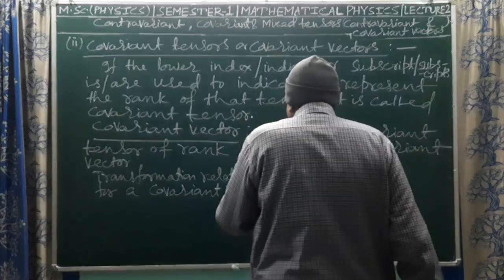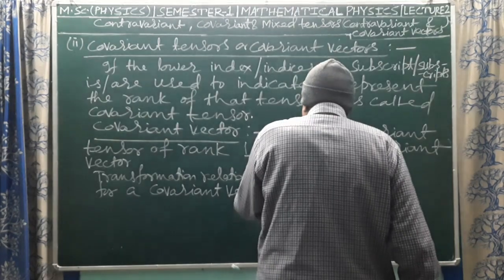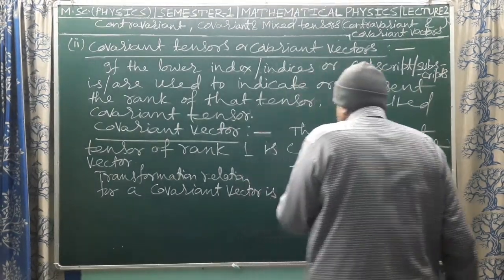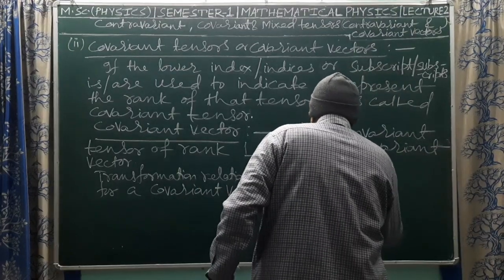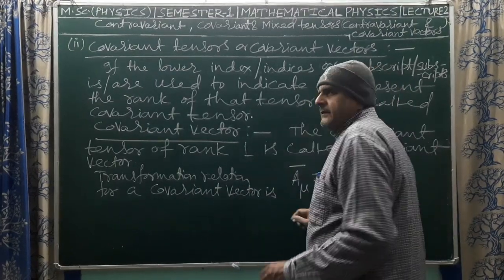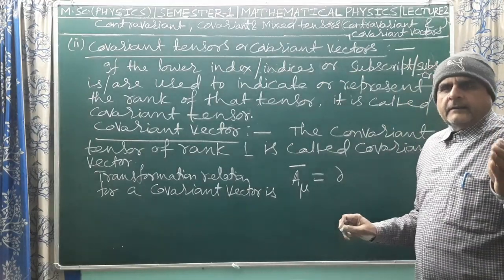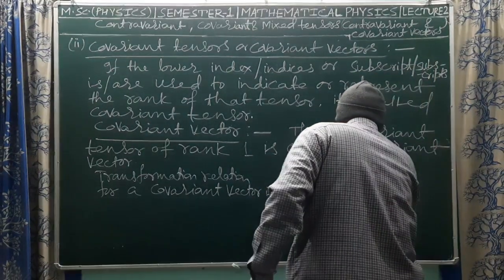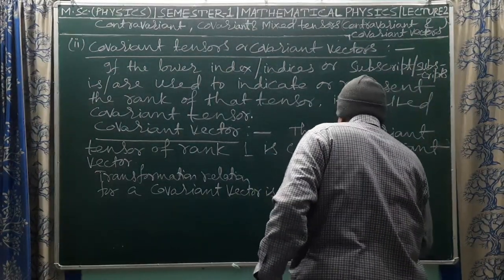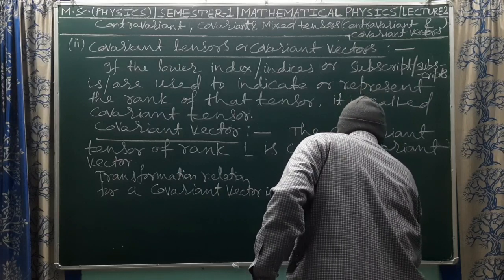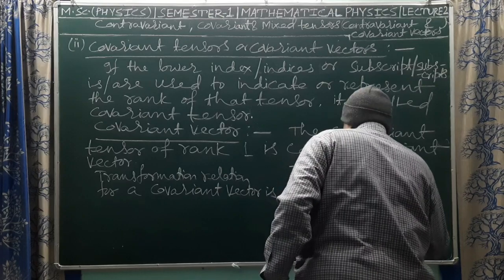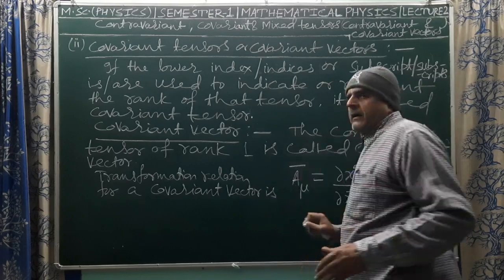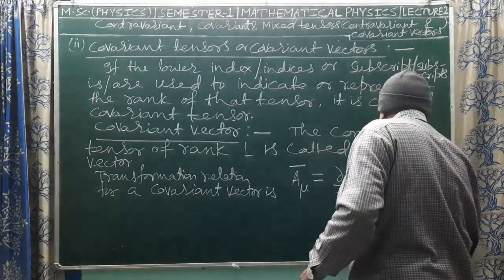So the transformation relation is a bar lower index mu equals del x to the power alpha upon del x bar mu multiplied by a to the power alpha.